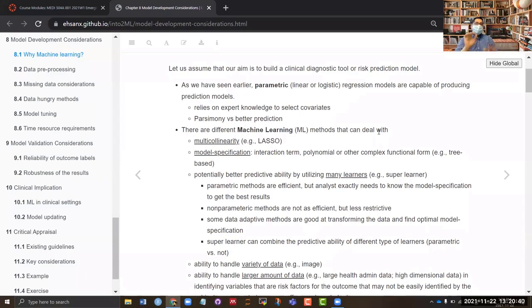All right, so coming back to the point of when we are using parametric models, one aspect was that we generally talk with the subject area experts and try to get a sense of which predictors we should include in our model. But given that now we have access to a huge number of data sets and a huge number of variables, sometimes the subject area expert might not be able to tell appropriately whether this particular ICD-10 code is a good predictor for the outcome that you are trying to assess.